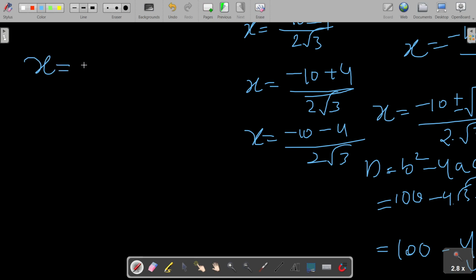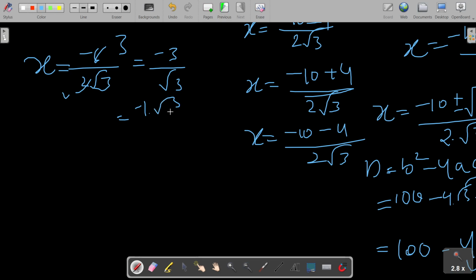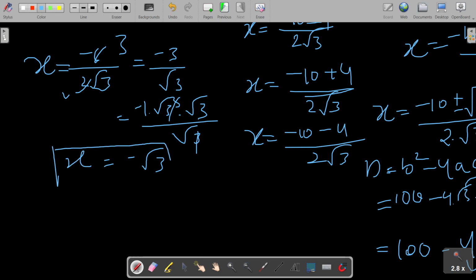Let's write it down. x is equal to minus 10 plus 4, which is minus 6, over 2 root 3, and the 2 threes are this: minus 3 by root 3. So I'm writing 3 as root 3 times root 3 over root 3. When root 3 gets cancelled, we are left with negative root 3. This is one solution for this equation.